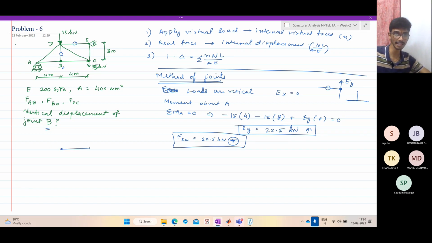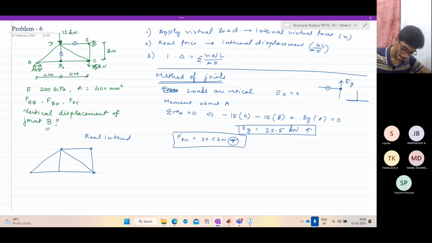So let me denote the real internal forces, because it will be helpful when we write down the... So arrows going away from a joint are tensile and arrows pointing towards a joint are compressive.